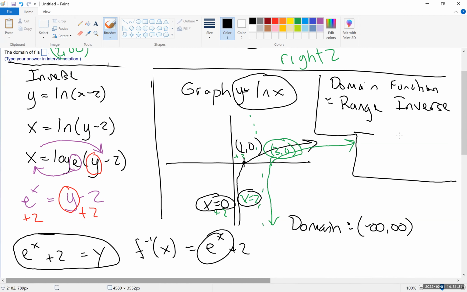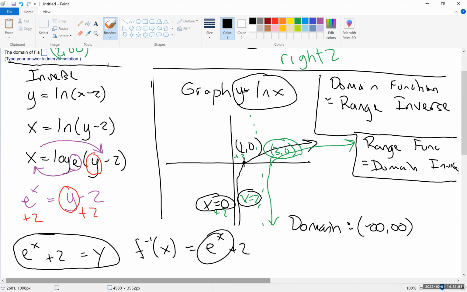And then the other way as well. The range of the function is equal to the domain of the inverse. They're just switched. They're just flip-flopped.